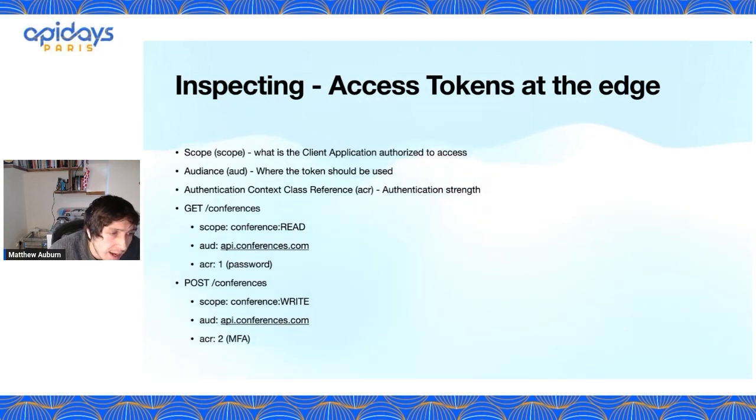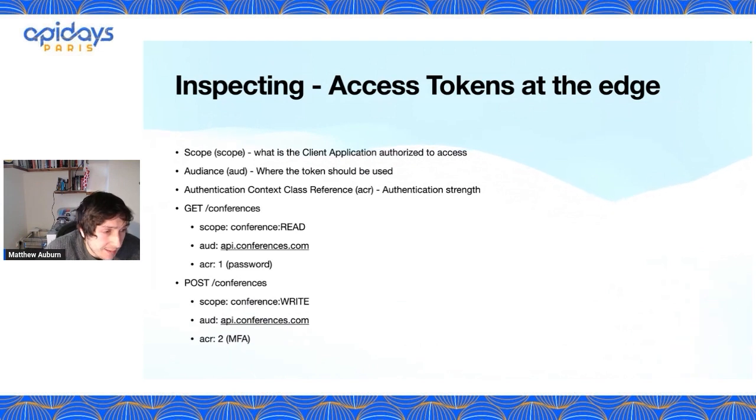Now, when the resource owner is asked to authorize whether the client, so this mobile app in our case, can, for example, read conferences or write information to the conferences endpoint, it's about what the client can do. So in my case, I would give permission to say, yep, this client application can read this information on my behalf, but it can't write, for example.